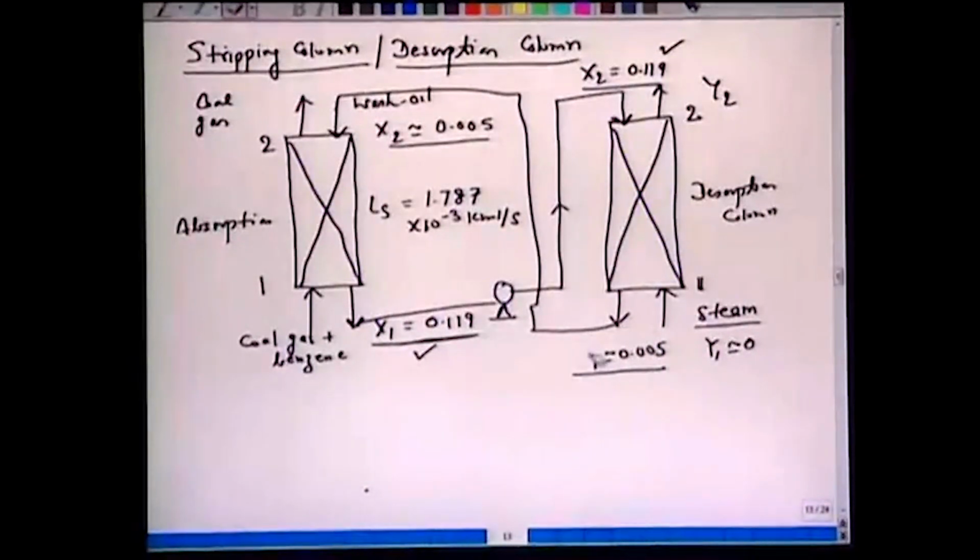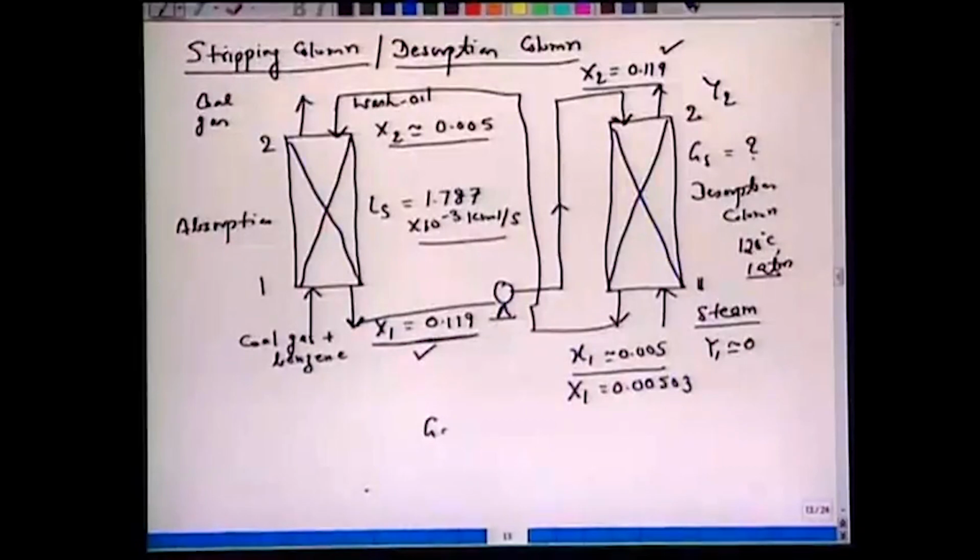If you recall, we had this mole fraction as 0.005, so capital X1, solute-free basis, is 0.00503. The temperature is given as 120 degrees centigrade and 1 atmosphere. The liquid flow rate here is given, but GS we have to find out, and it's given that GS is 1.5 times GS min.